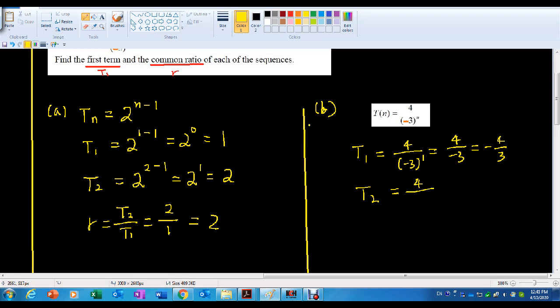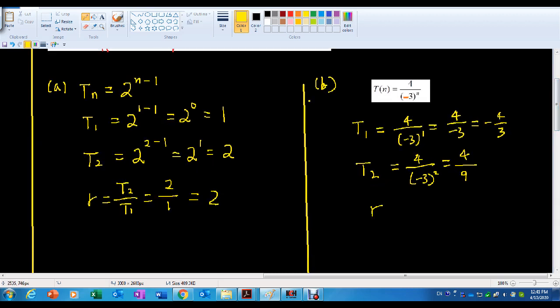T2 squared: what's the square of minus 3? It should be 9, right? That's minus 3 times minus 3. It's 4 over 9. So what's the common ratio? The common ratio would be T2 over T1. So that's 4 over 9 divided by minus 4 over 3.